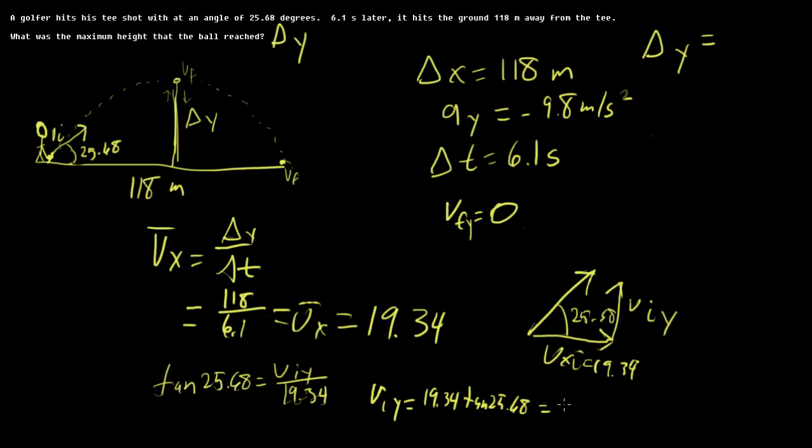So it looks like viy is actually 9.2994. Okay. So now we know viy.